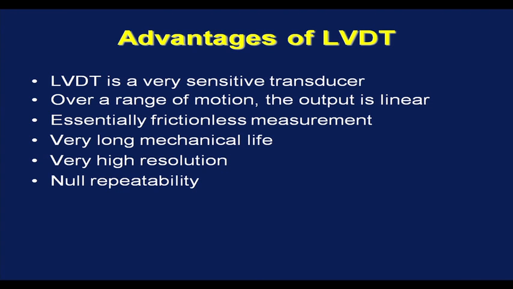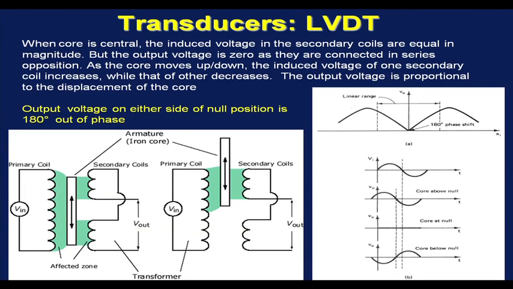There are several advantages associated with LVDT. LVDT is a very sensitive transducer. Its sensitivity is in the range of 1 to 5 volt per centimeter. Over a range of motion, the output is linear. You can see here, over a range of motion, the output is linear.